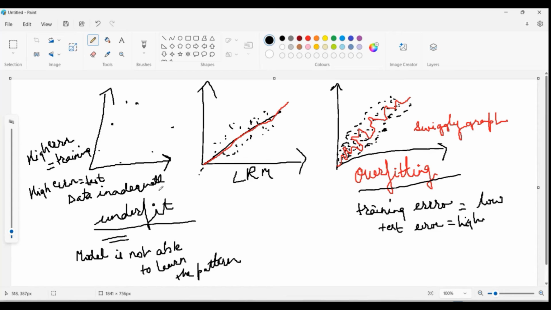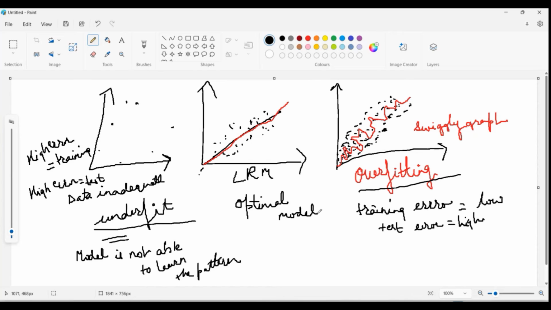So what are we trying to achieve? The question that you asked: when you get high errors, that means there is either underfitting or overfitting in your models. The model is not able to understand. So the best way to get the best model is to always try to achieve an optimal model.